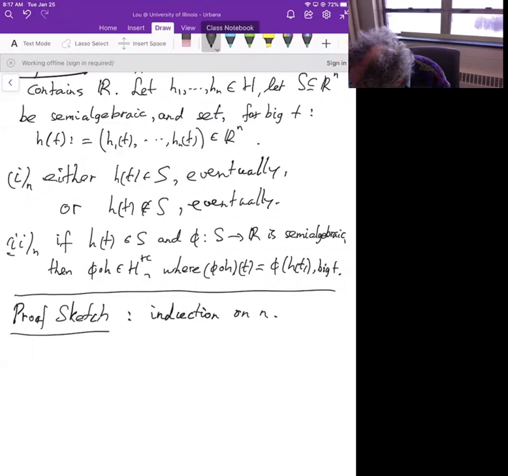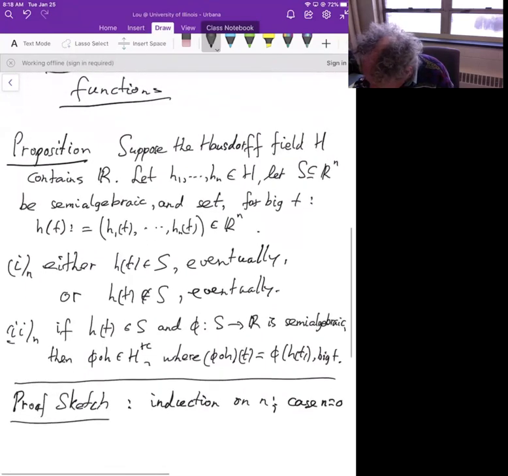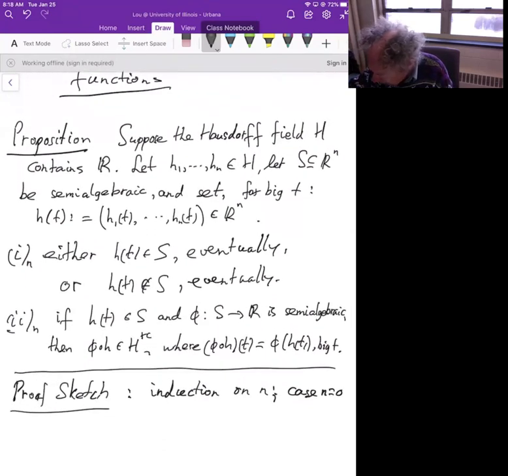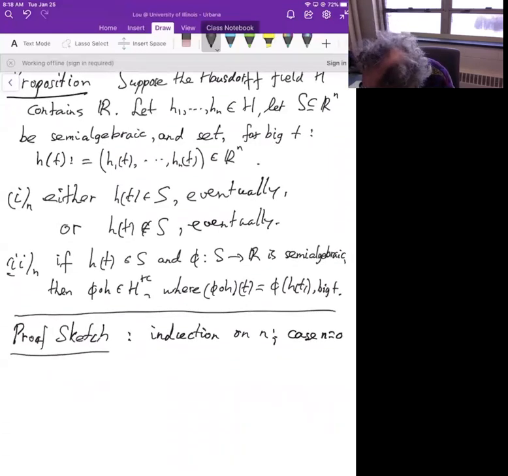The case n equals 0 is trivial. But it actually requires already that R is a subfield of H. The assumption that H contains R is definitely needed here.